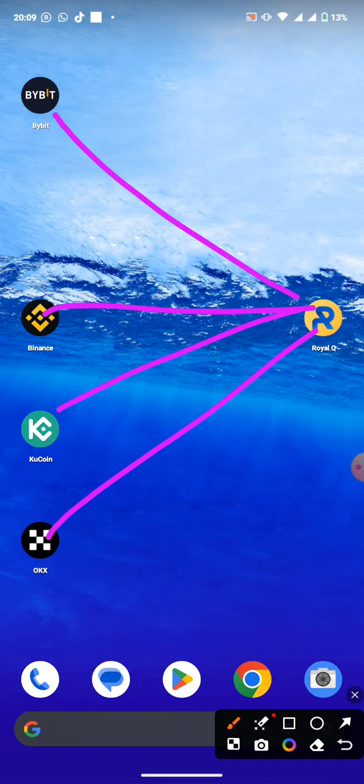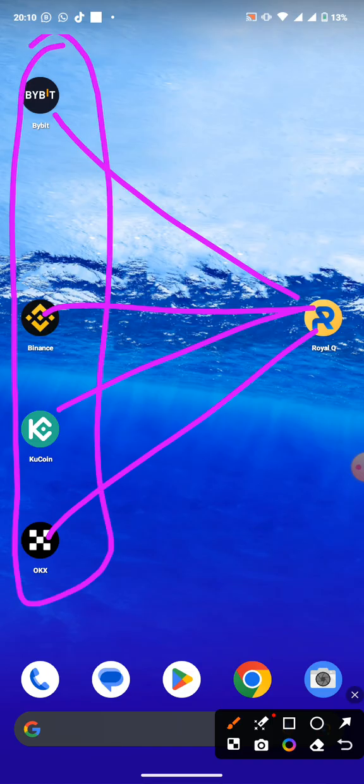We just connect this robot to these exchanges. You can connect all of them at once as long as you have your capital. If you have your capital, you can divide it. You can trade it through Bybit, Binance, KuCoin, or OKX.